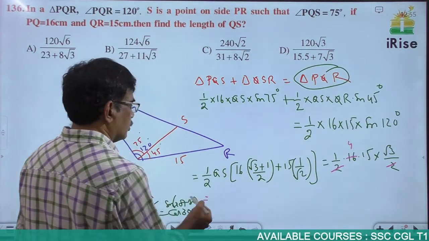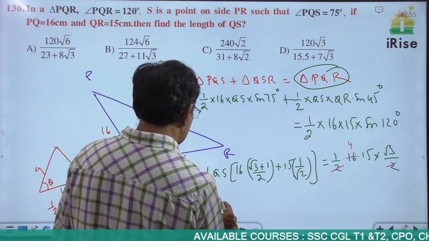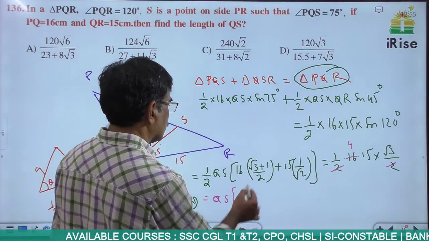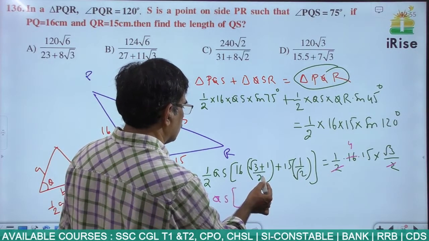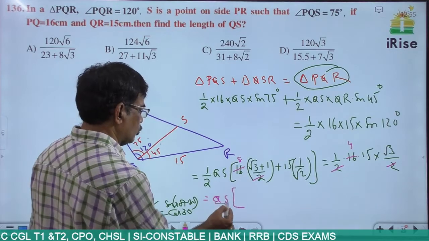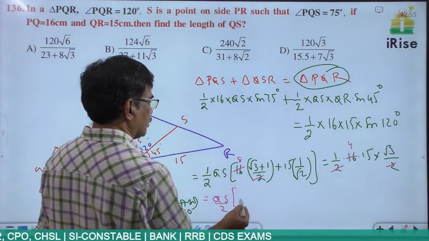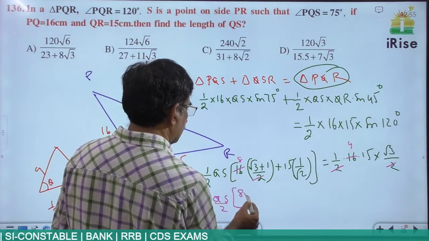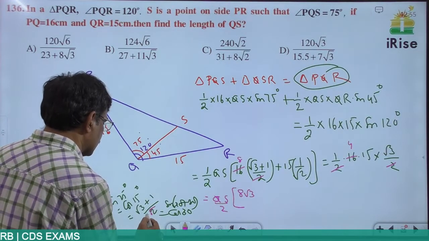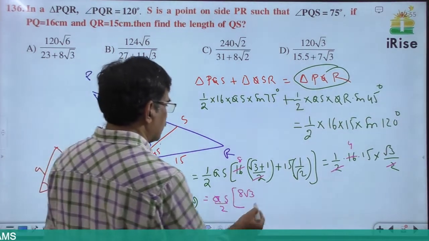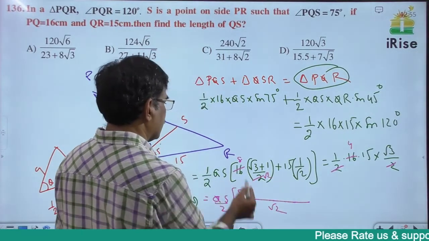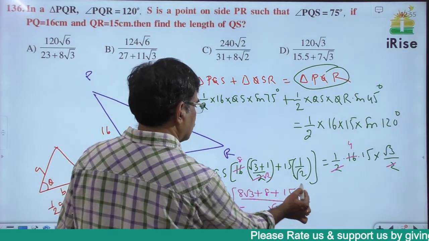I want to write this as QS by 2 into 8 root 3, plus 8, plus 15.